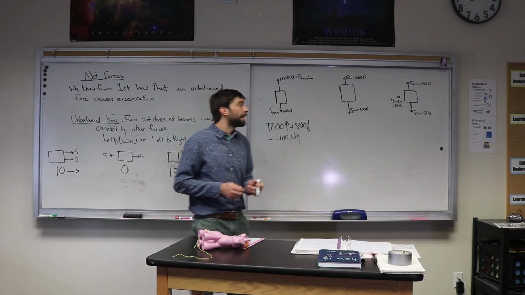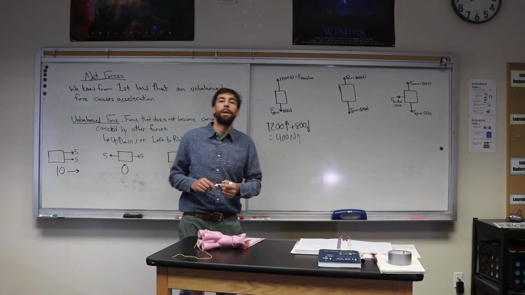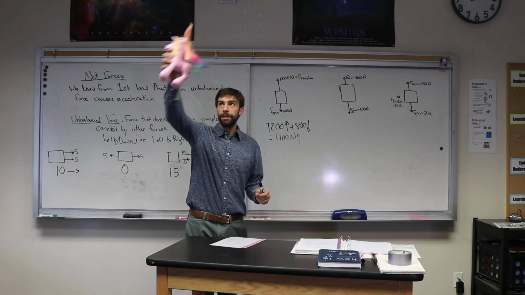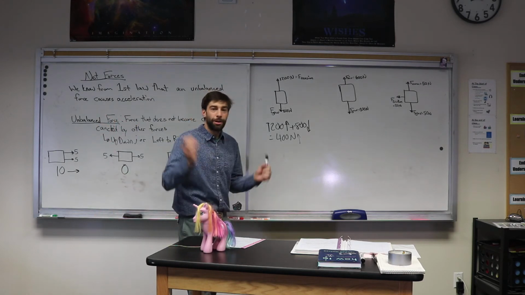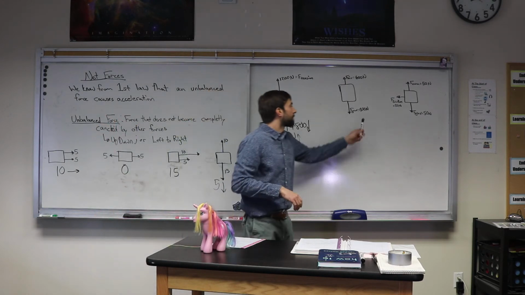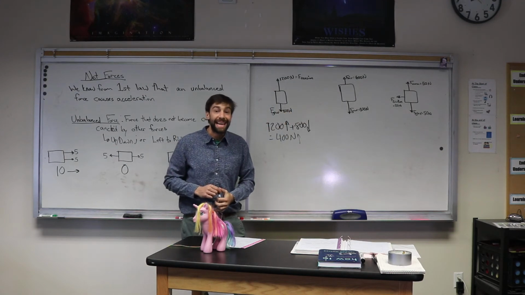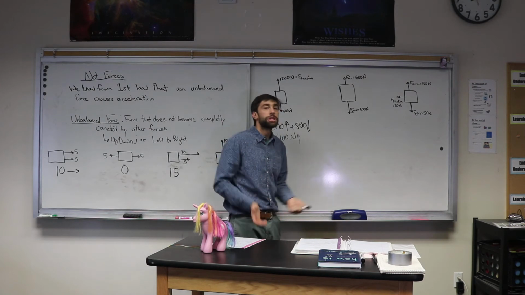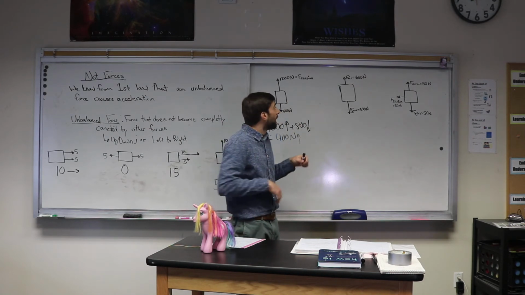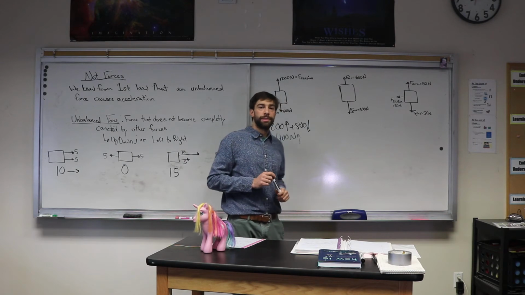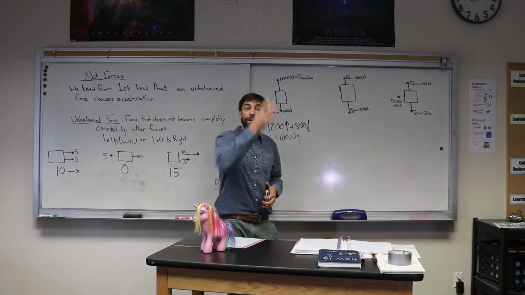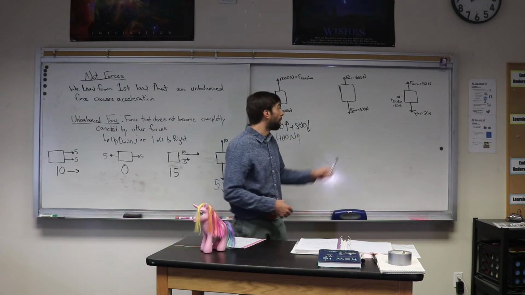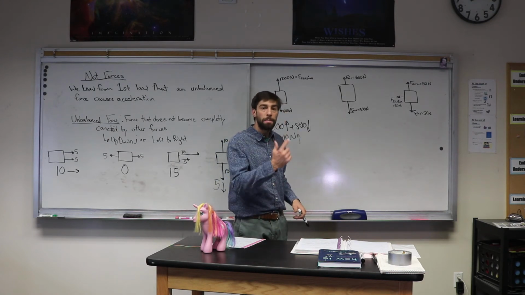We have another example here. Physics Pony went skydiving. Woo! Pulled their parachute, and the force of gravity on Physics Pony is 800 newtons. And the force of air pushing up, now that there's a parachute, is 600 newtons. Physics Pony will continue to accelerate downwards because there's more force downwards than upwards.